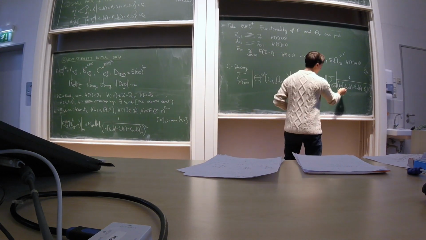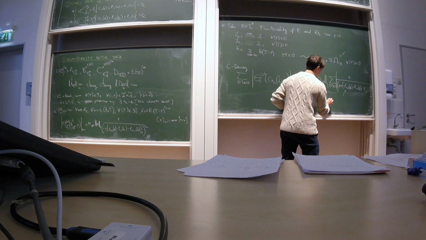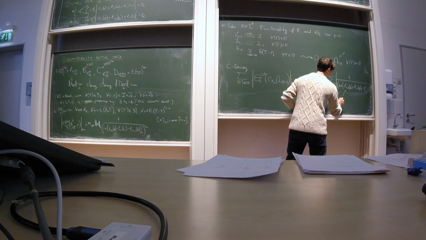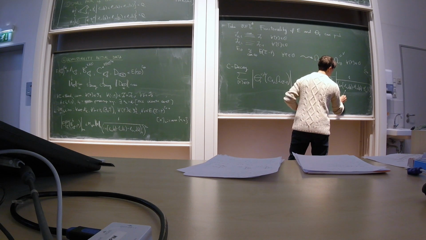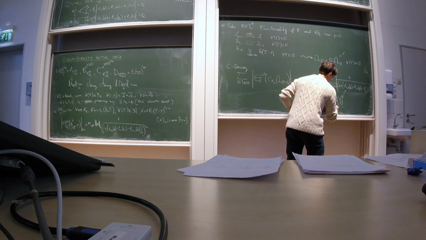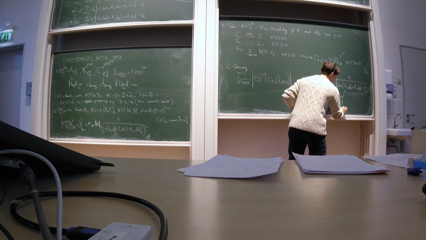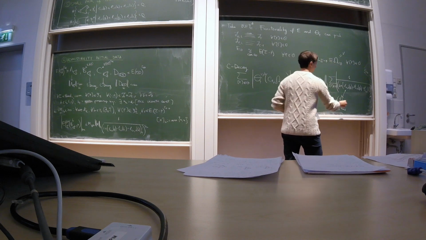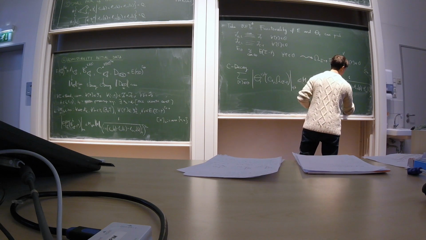So this guy would be 1 divided by 1 to the power sk plus 1 divided by 1 to the power sk. And this can happen at most qk times. And plus, you have something else.